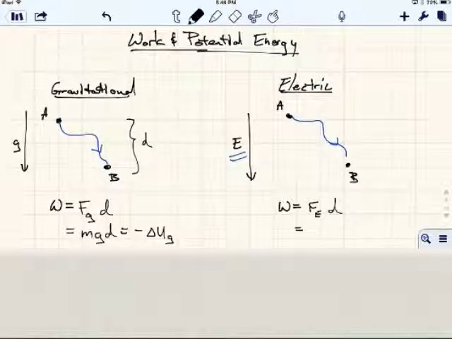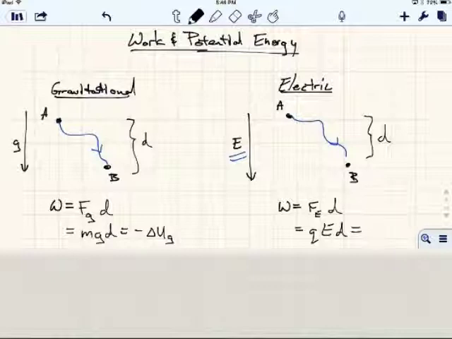In the last lecture, we saw that the force from the electric field is just the charge times the electric field, and the distance that it's going to travel is d. So again, this is only the vertical distance from point A to point B. Similarly to the gravitational field, this can be seen as a negative change in the electric potential energy.